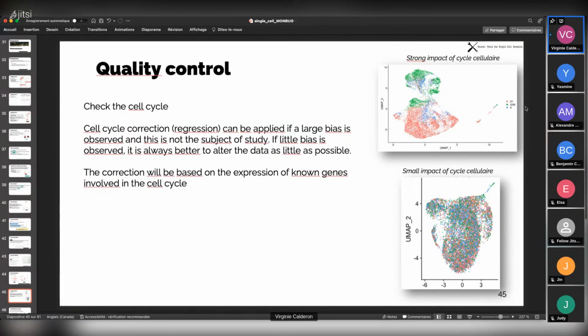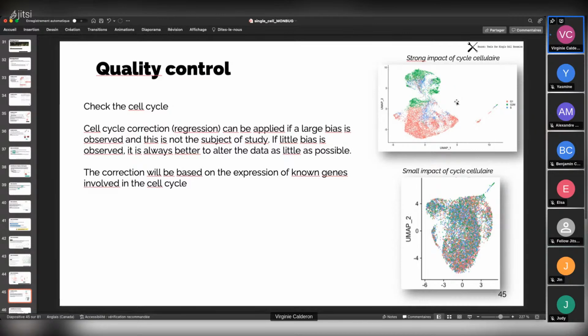So for example, here on this projection, we see that there is a strong impact of the cell cycle. We see in green all the cells in G2M, in blue S, and in red G1. So the projection of the cells is really based on the cell cycle. I remember that for this project, this was the goal.